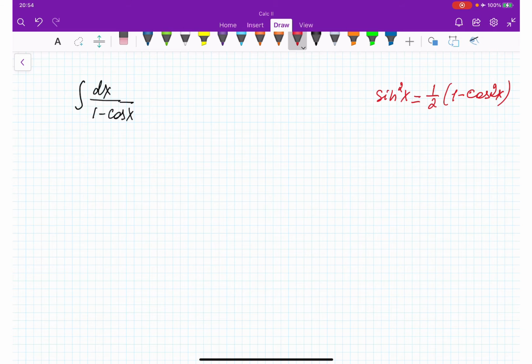All right, so from here, we see here we have 2x and we end up with half of the angle. Since I have x here, I'm going to get 2 sine squared half of x.